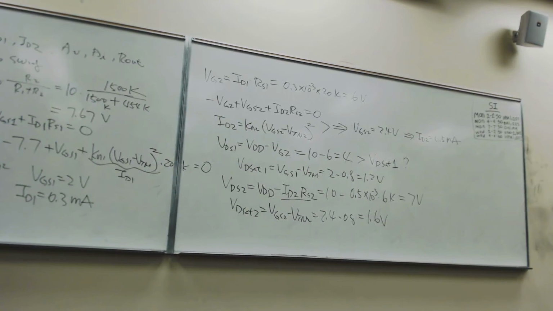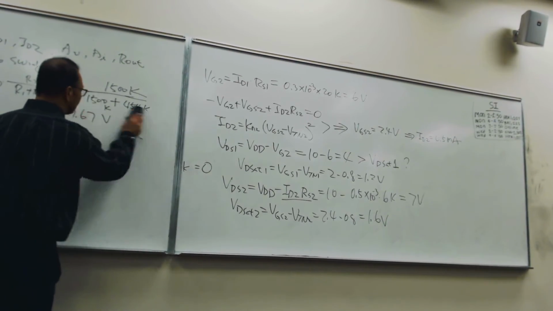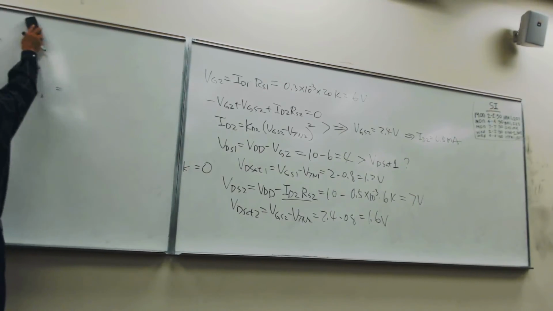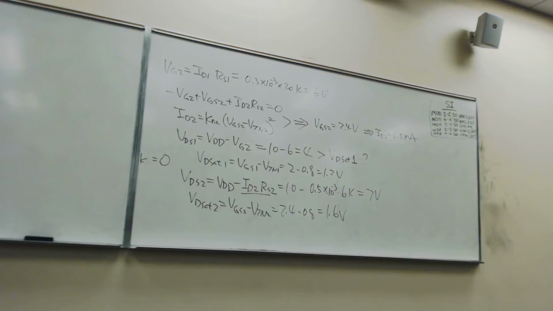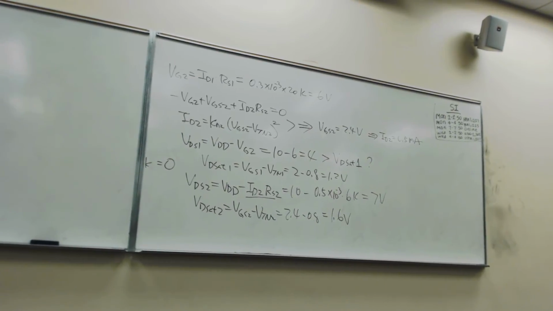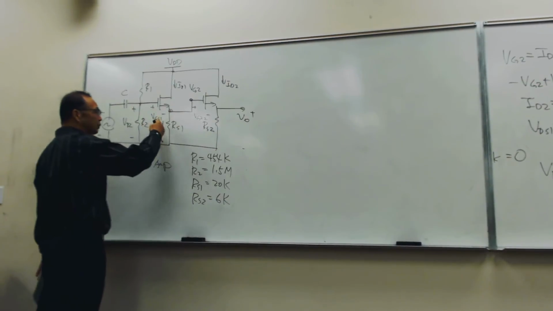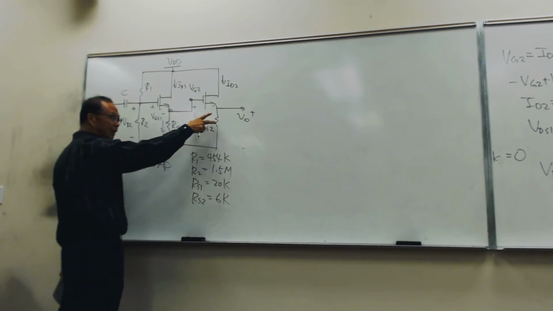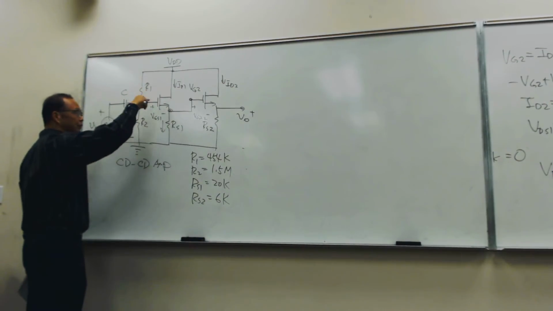Now let's go to the AC. When we did the BJT amplifier, we divided into 2 stages. We would do the second stage first for the AC, and then we move on to the first stage.